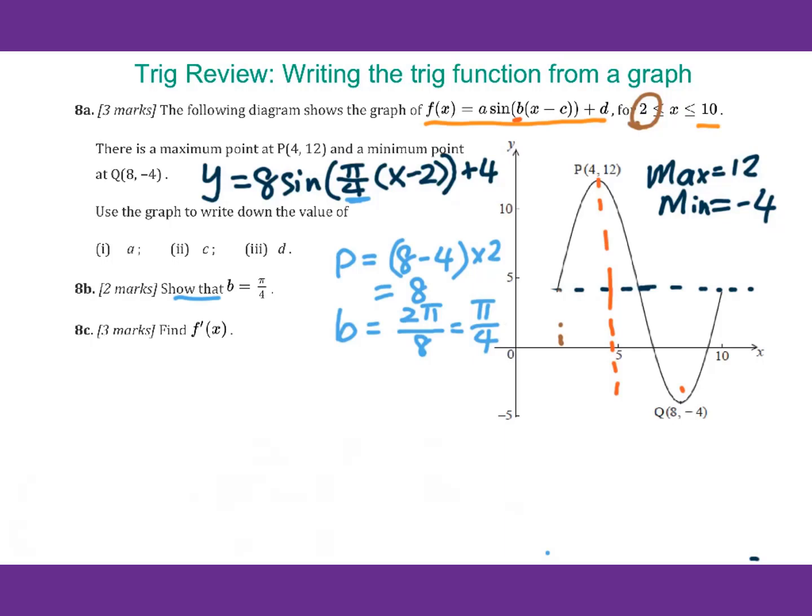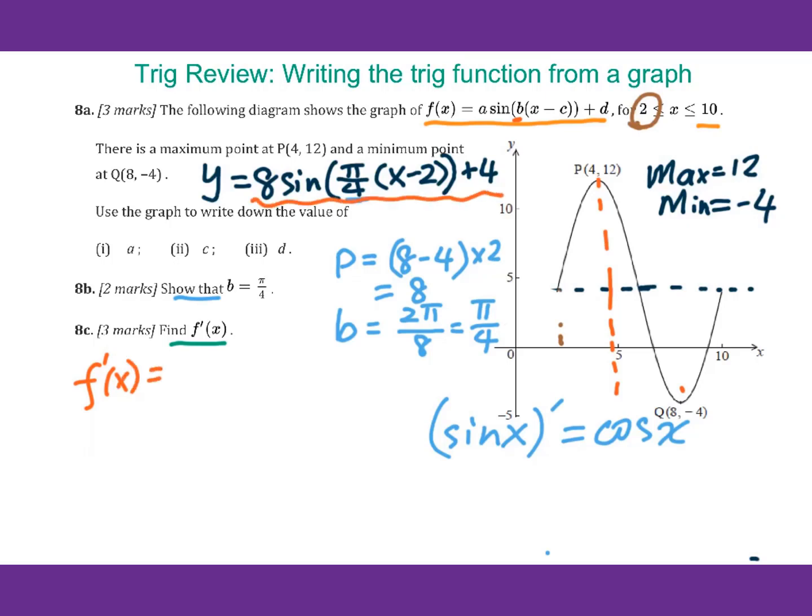For 8c, find the derivative, f prime of x. We do know that for sine, the derivative equals cosine x. Therefore, f prime of x equals, look at this. We will do this first. So you get the 8 cosine of pi over 4 x minus 2. Then according to the chain rule, work on the inside derivative.